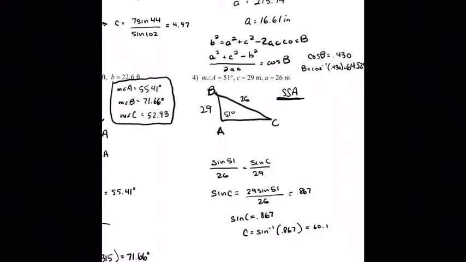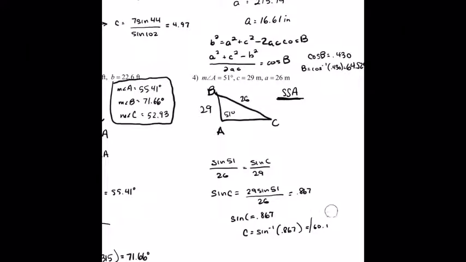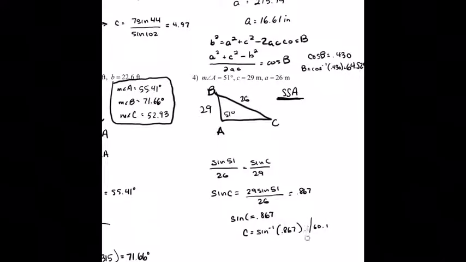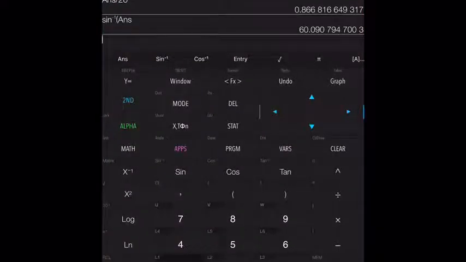So you need to recall, where is the sine positive? Because your calculator is only going to give you an angle that's in the first quadrant, 60.1, but the sine is also positive in quadrant 2. 60.1 is a reference angle of an angle in quadrant 2 if we subtract from 180.